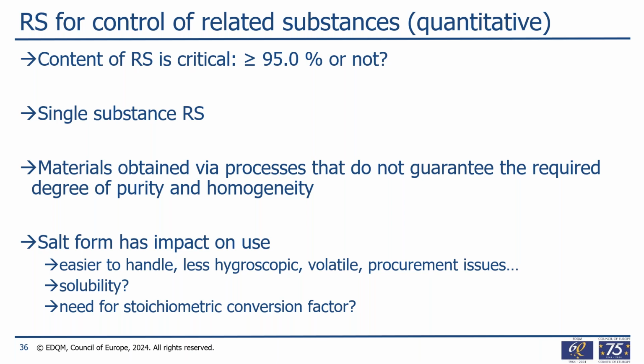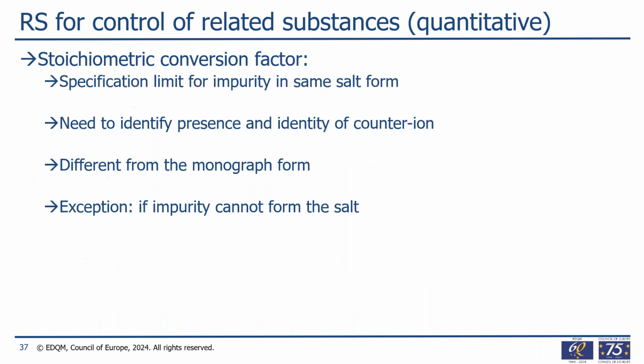The salt form may have an impact on the solubility, which is an important factor to keep in mind, and it may also trigger the need for a stoichiometric conversion factor, which is something I will explain in more detail. If you have a batch of an API and this batch is present as a hydrochloride, it's safe to assume that the impurities will also be present as hydrochloride salts. And therefore, the specification limits in the monograph for this impurity are set as if they were in the hydrochloride form.